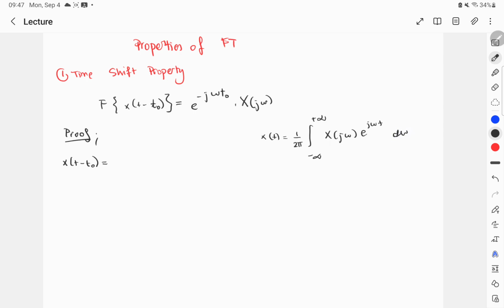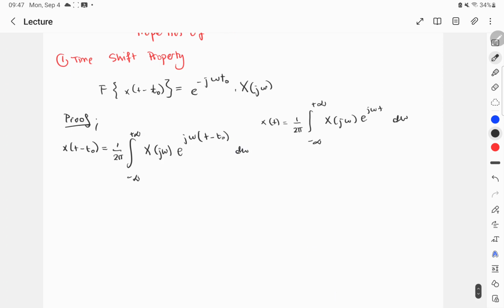So when we apply this, what do we have? 1 over 2 pi from minus infinity to plus infinity, we will have e to the power of jw, instead of t, we will write t minus t naught, dw. And then if I open up this one, what do we have?